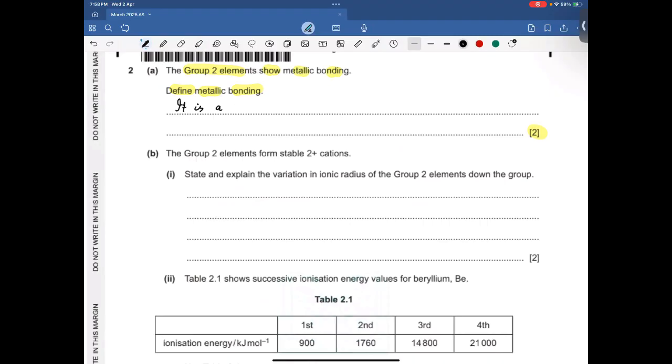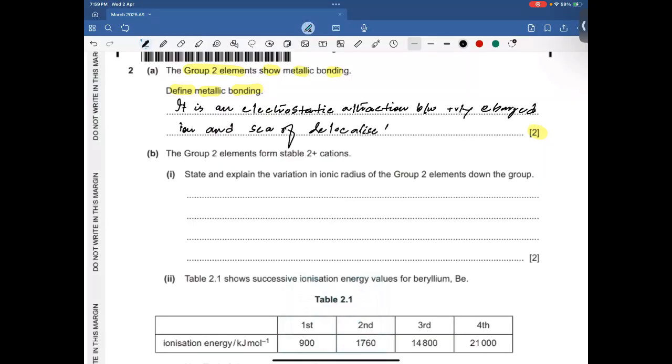It is an electrostatic attraction between positively charged ions and a sea of delocalized electrons, also called mobile electrons.